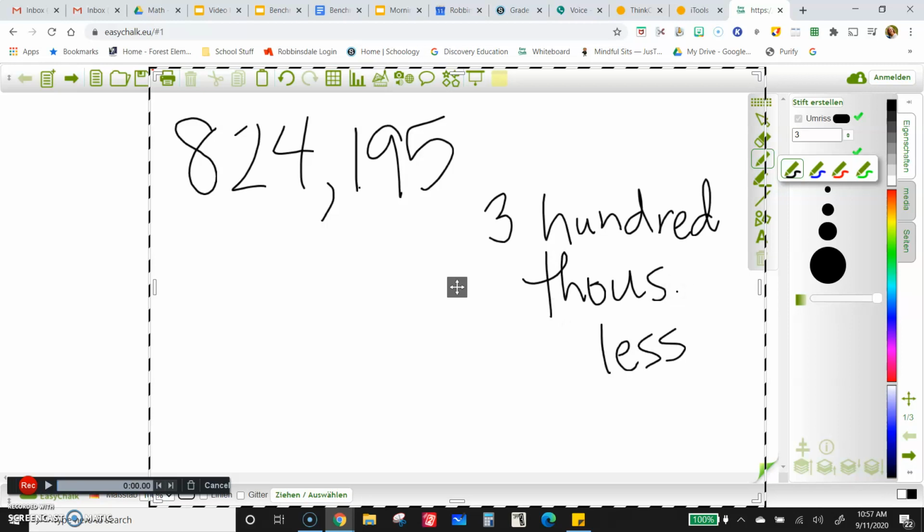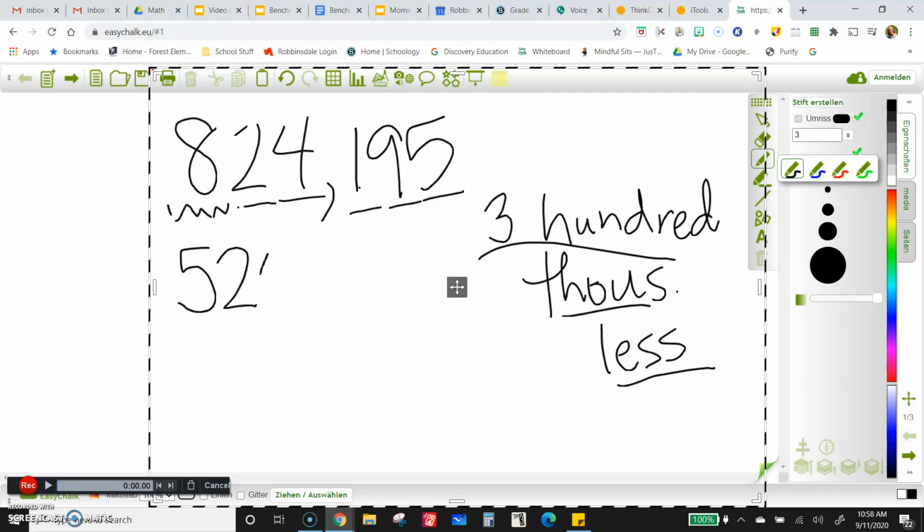Well, I need to figure out what's in my hundred thousands place. Ones, tens, hundreds, thousands, 10,000s, 100,000s. So currently I have 8 of them. I want 300,000 less. Well, 3 less than 8 is 5. So I have 500,000. And then I still have 24,195.